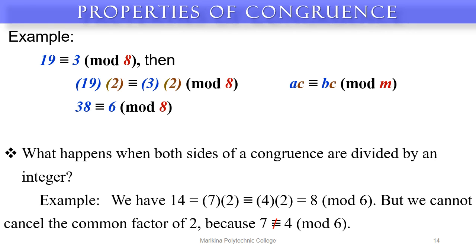But we cannot cancel the common factor of 2 because 7 is incongruent to 4 modulo 6, since 6 cannot divide 7 minus 4, or 6 cannot divide 3. So this example shows that it is not necessarily true that we preserve a congruence when we divide both sides by an integer.